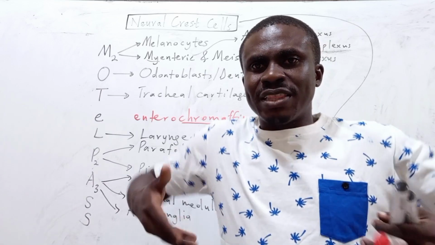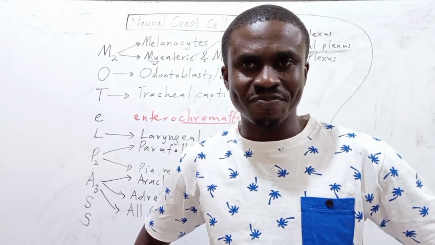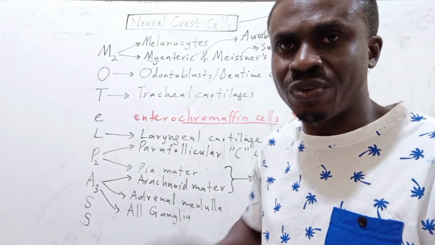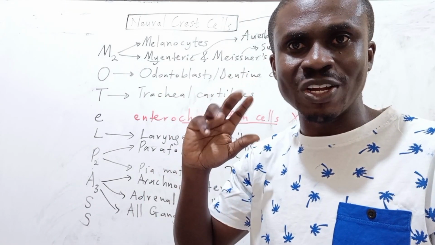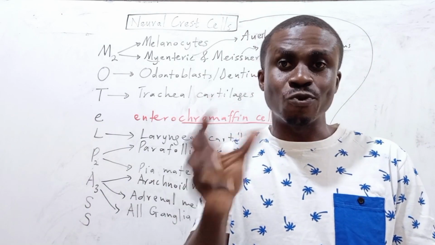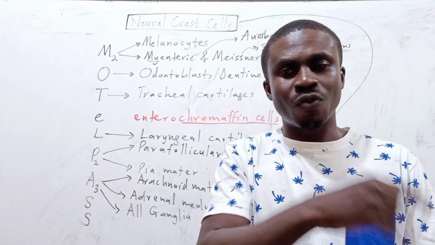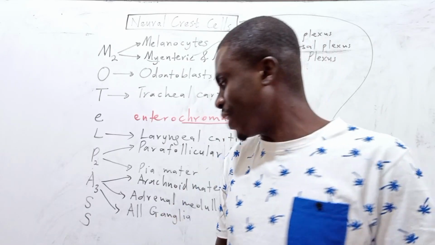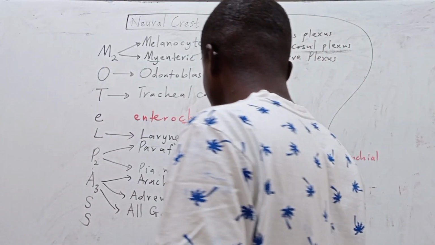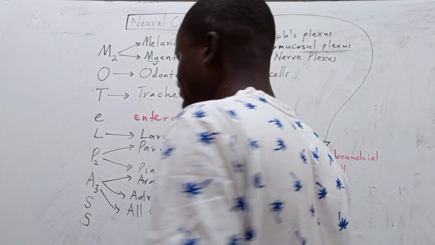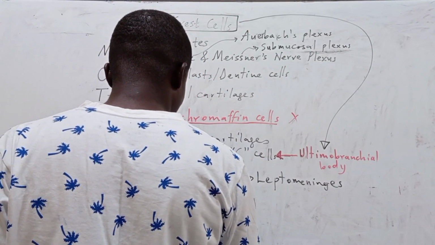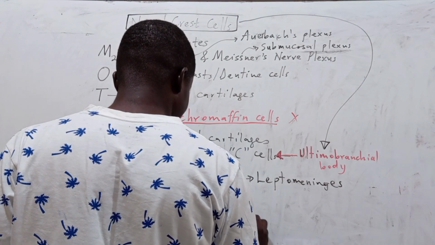For instance, the neural crest cells at the caudal region, with respect to the spinal cord, will form the dorsal root ganglia of the spinal nerves.